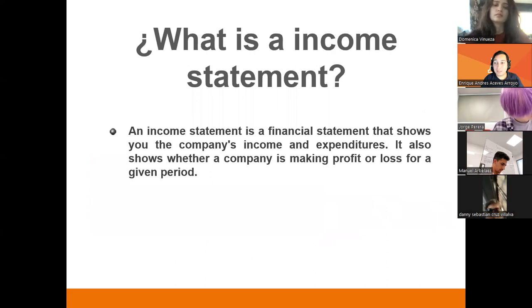What is an income statement? An income statement is a financial statement that shows you the company's income and expenditures. It also shows whether a company is making profit or loss for a given period. The difference between a balance sheet date and an income statement date is that the income statement you request from this date until this date.